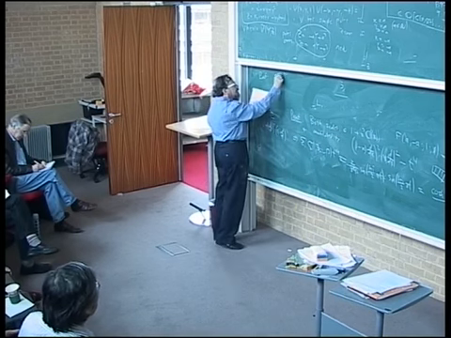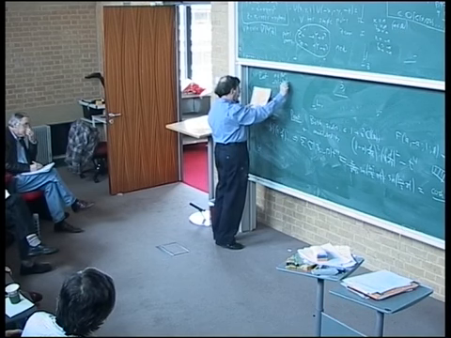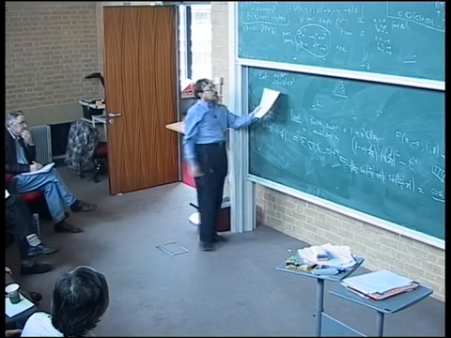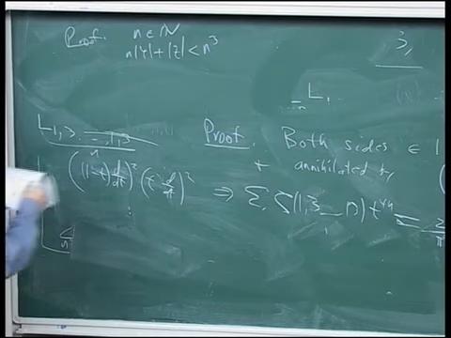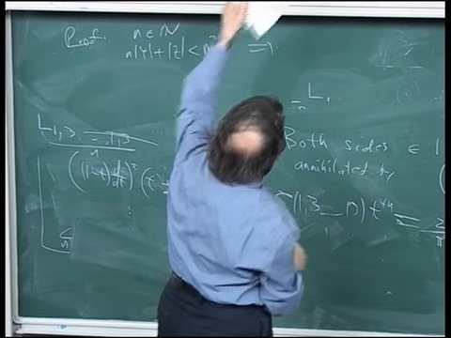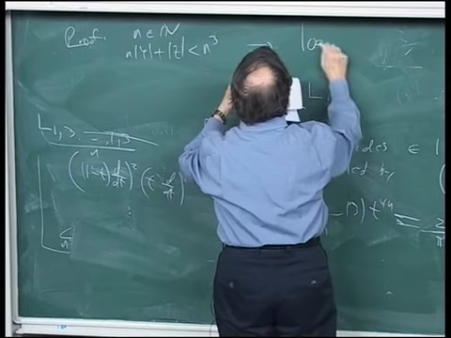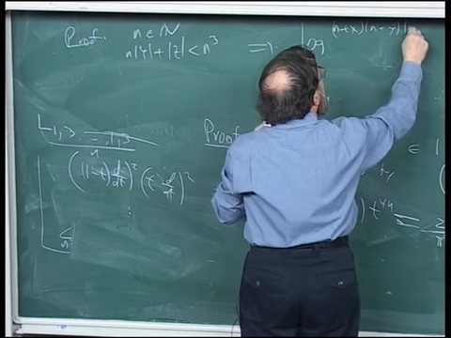If n is a natural number and n times the absolute value of y plus the absolute value of z is less than n cubed, which will certainly be true for every natural number n if the absolute value of y plus the absolute value of z is less than 1, then I just take the expression on the left, but I take only the single term n plus x, n plus y, and n plus z.